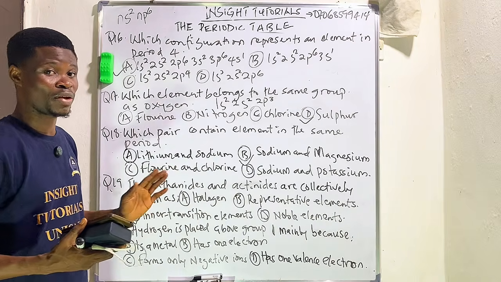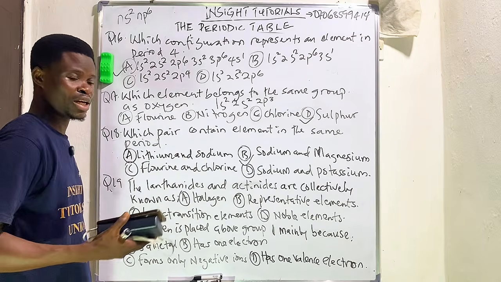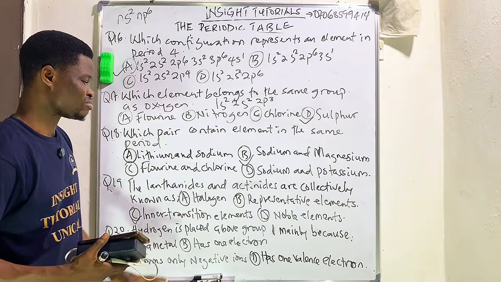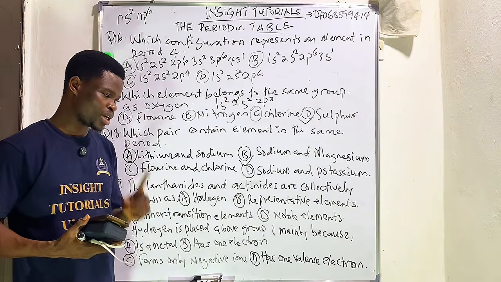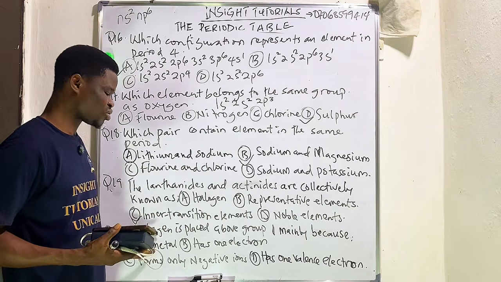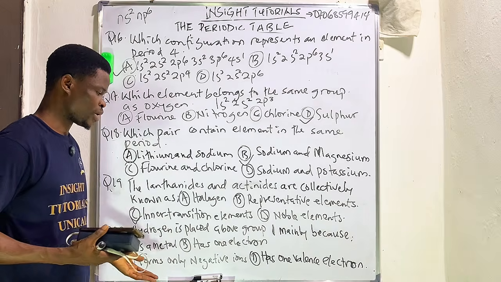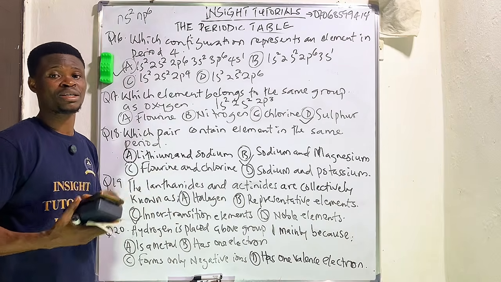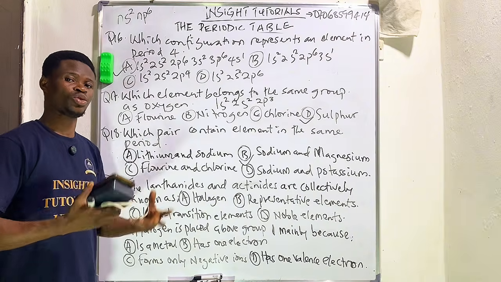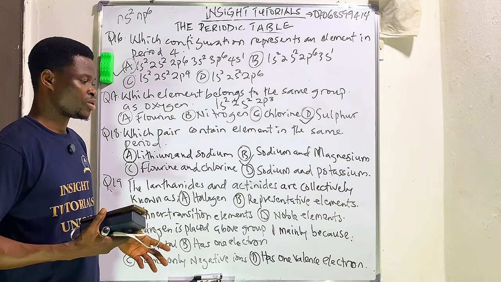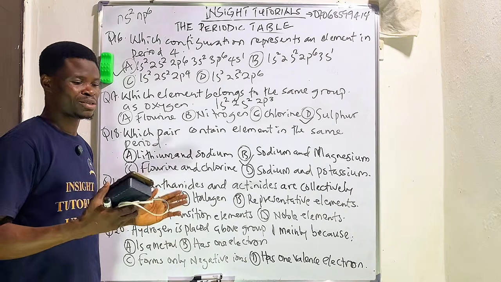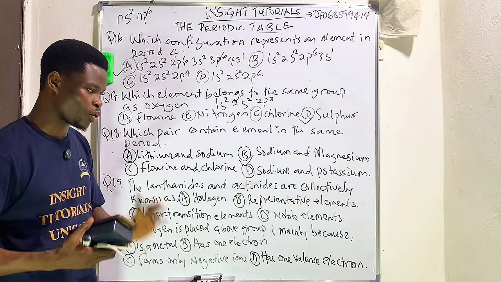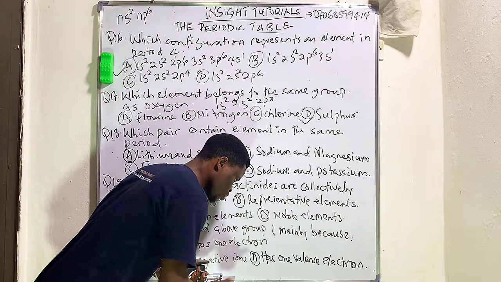The valence electron of every element determines its place in a group. Hydrogen is not even a metal; it's a non-metal. Hydrogen is between group 1 and group 17. Group 17 elements are non-metals looking for 1 valence electron to complete their outermost shell. Hydrogen is between group 1 and 17, but it is placed in group 1 because of the 1 valence electron it has.